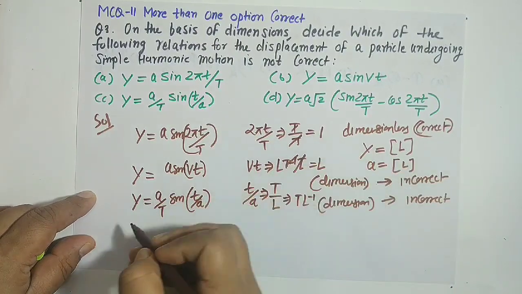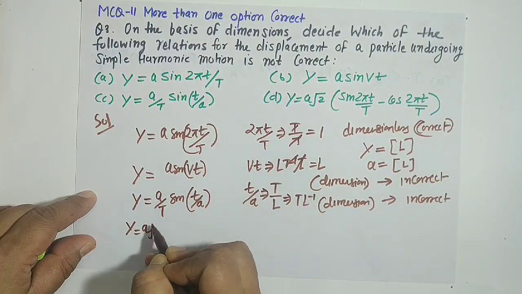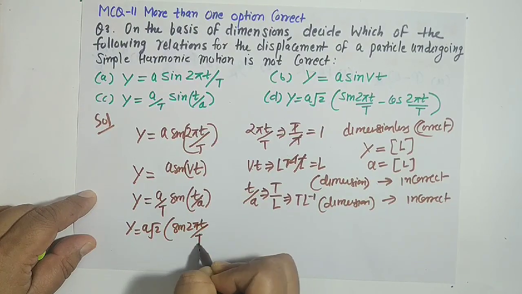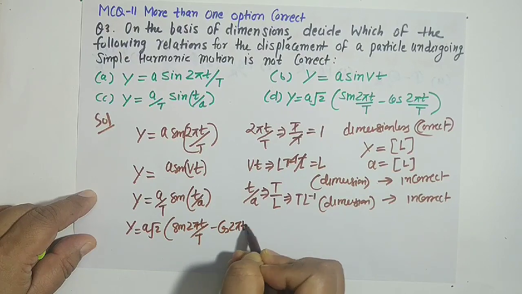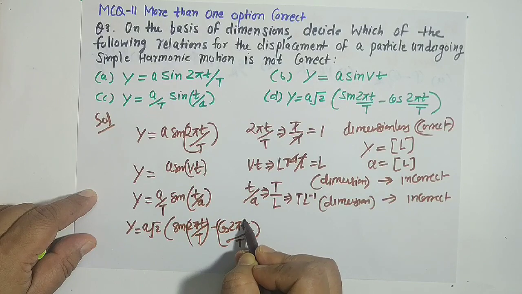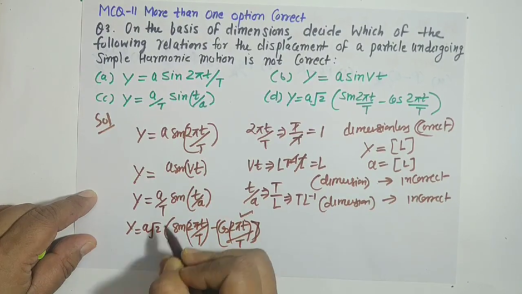And then the last one, y equals a root 2 times sin(2 pi t by T) minus cos(2 pi t by T). I think all of you know angles are dimensionless here.